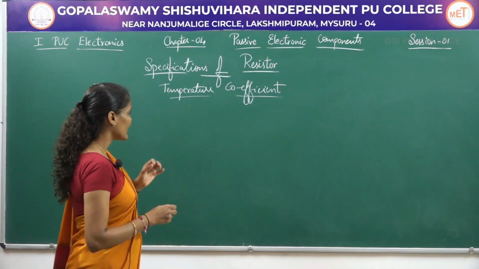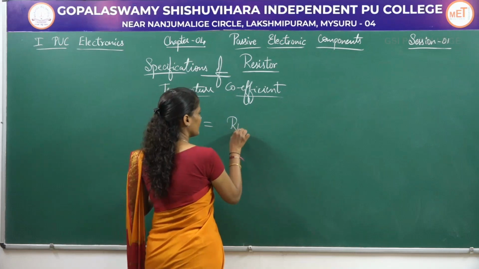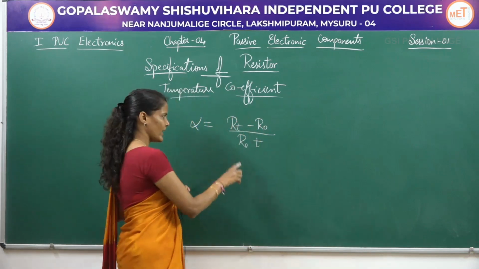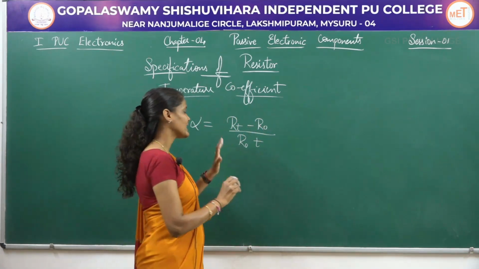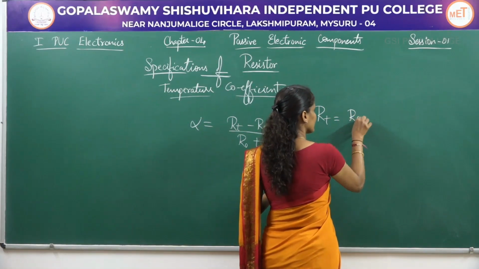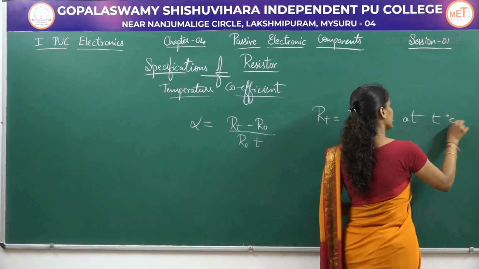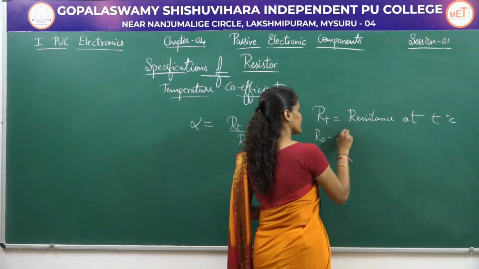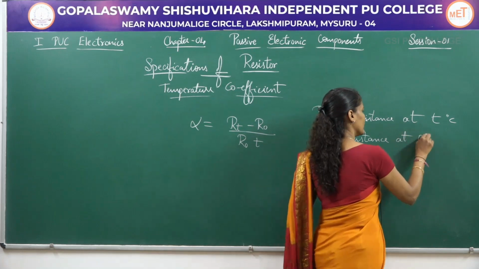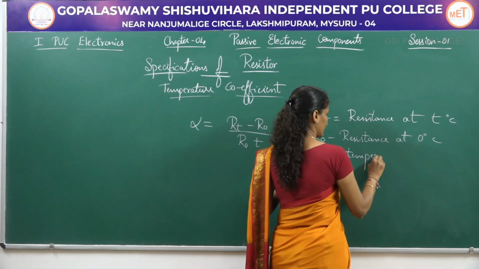So this temperature coefficient can be defined as alpha equals RT minus R0 divided by R0 into T, where RT is the resistance at T degrees centigrade, and R0 is the resistance at 0 degrees centigrade, and T is the temperature.